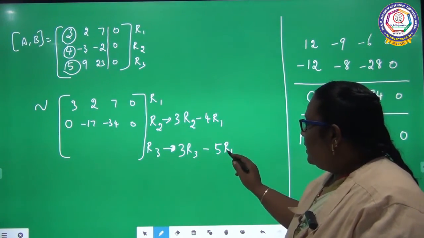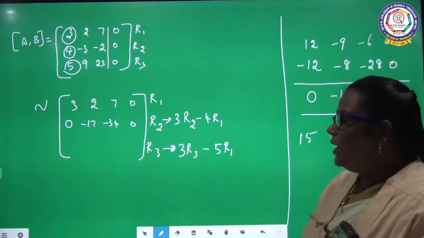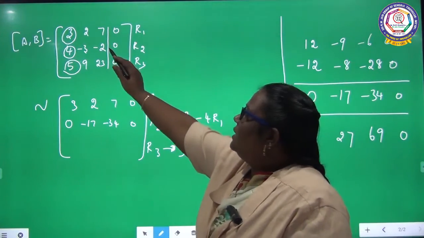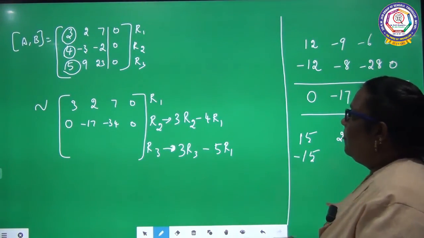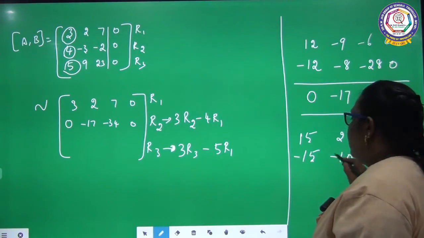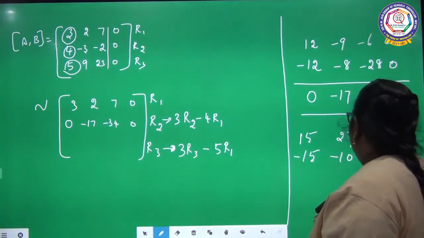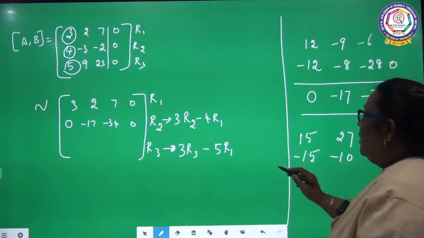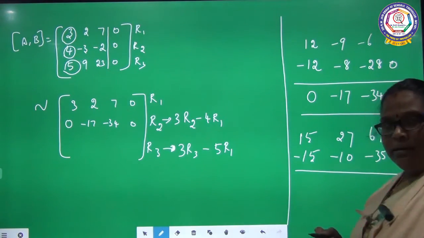Okay children, see here for R1 by minus 5. Minus 5 into 3, minus 15. Minus 5 into 2, minus 10. Minus 5 into 7, minus 35. Minus 5 into 0, 0. Clear?